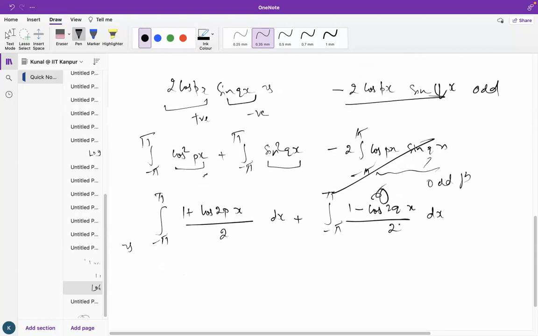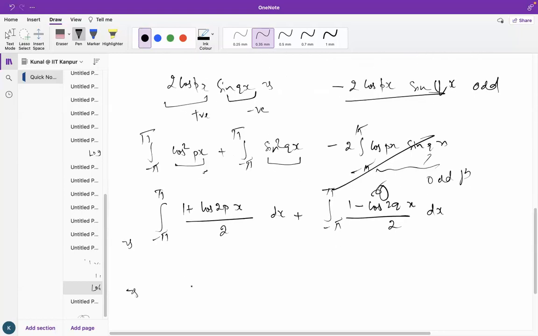I hope you all understand this. So we can write integral from minus pi to pi, and this half from here, we can write dx, plus integral from minus pi to pi, and we can write here cos of 2px minus cos of 2qx, and then we have to take the half outside because of this half and this half.